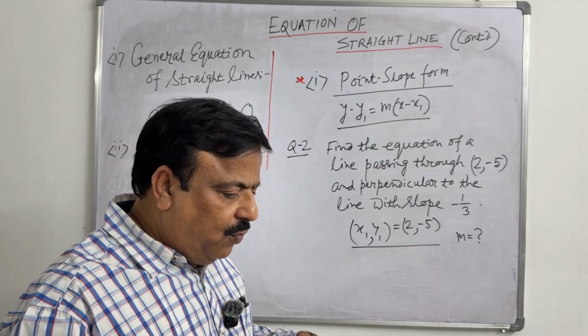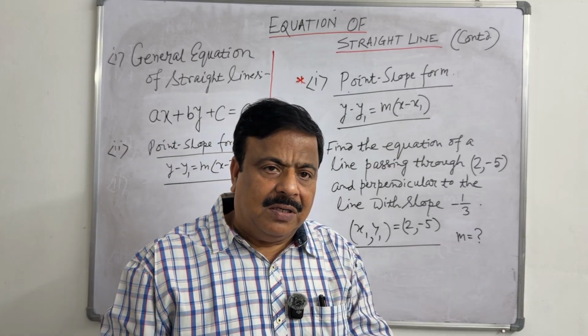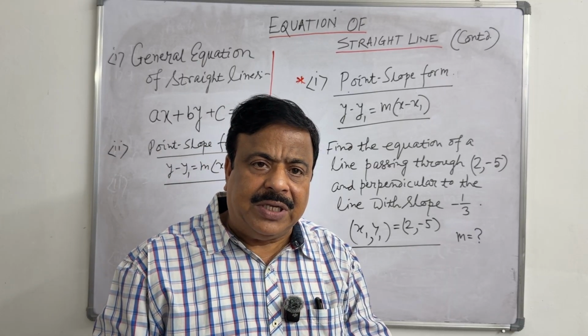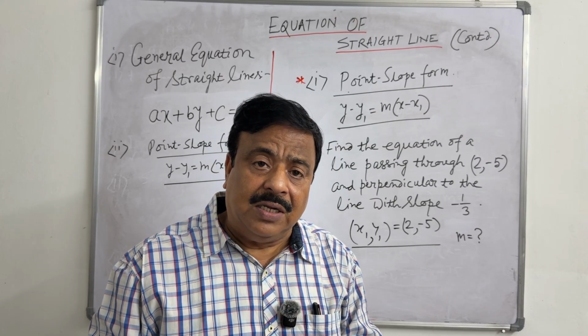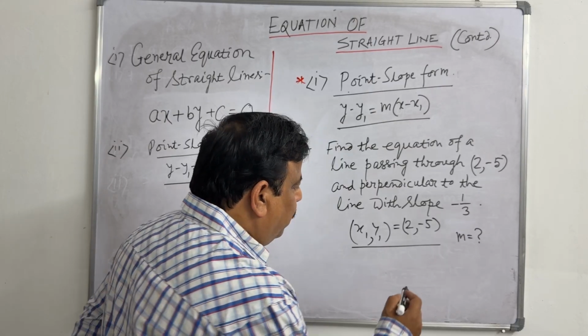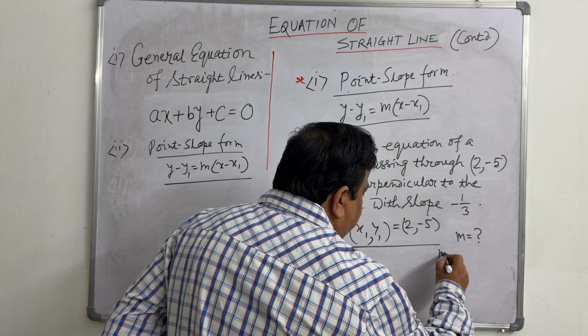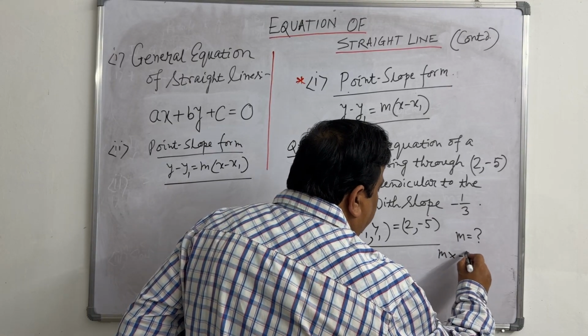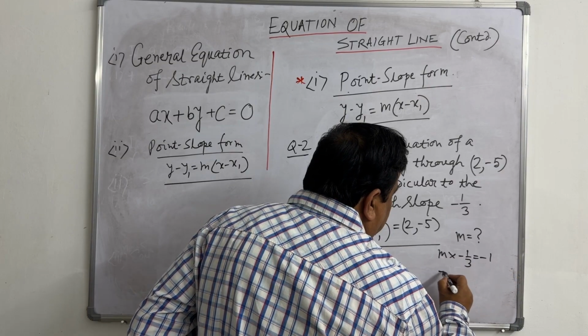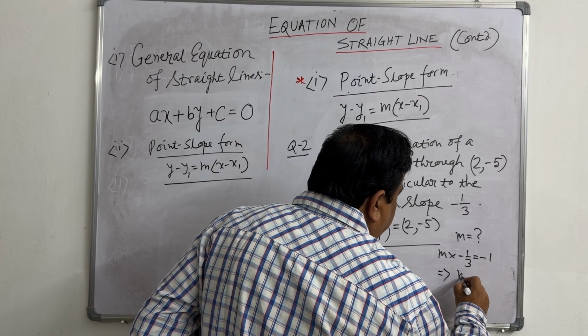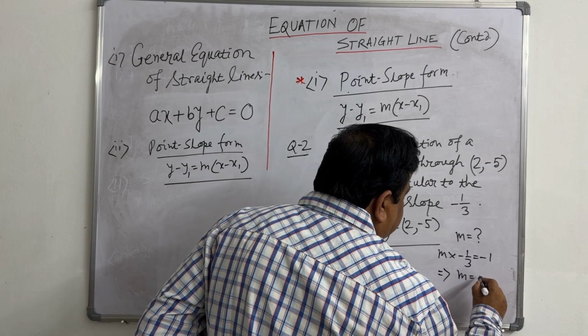You know कि when two lines are perpendicular, जब दो लाइन एक दूसरे के साथ लंब होता है तो दोनों का स्लोप का प्रोडक्ट क्या होता है? Minus 1. So we can say m into minus 1 by 3, that is equal to minus 1. From here, what we are getting, that is m is equal to 3.